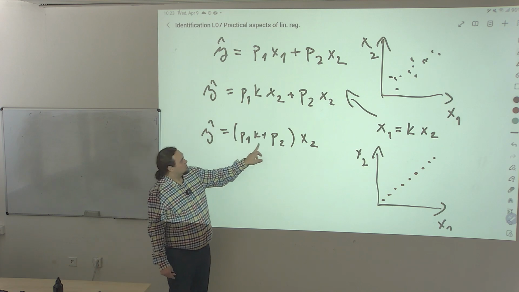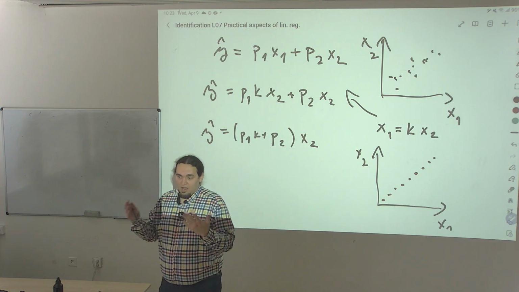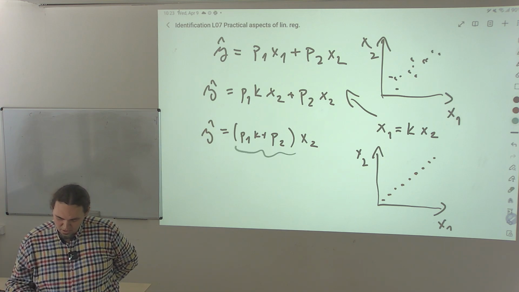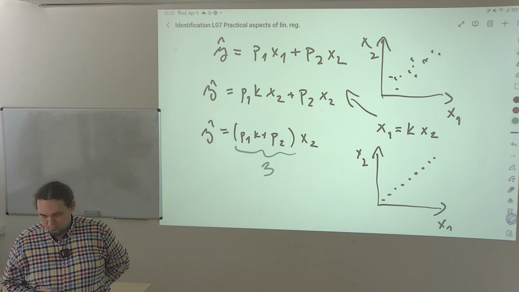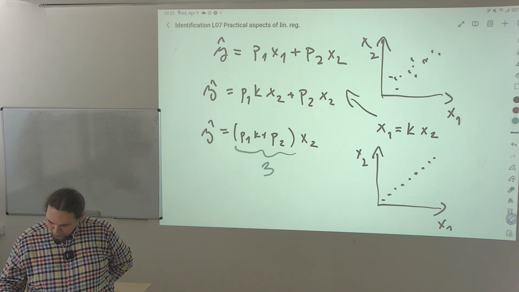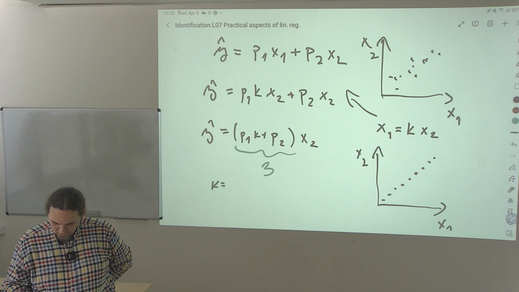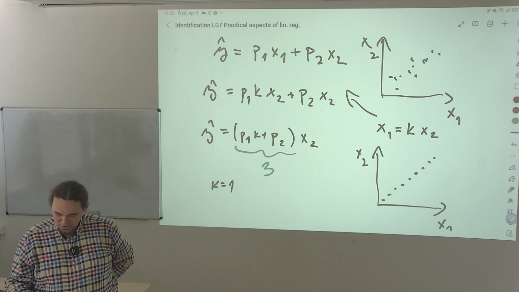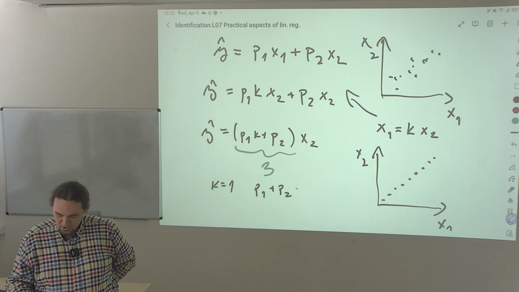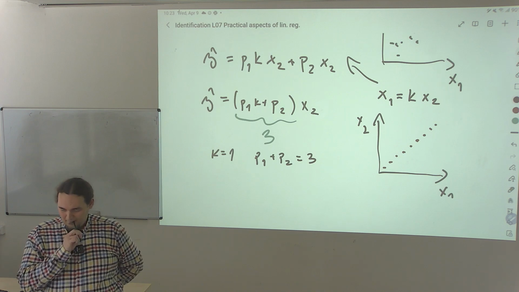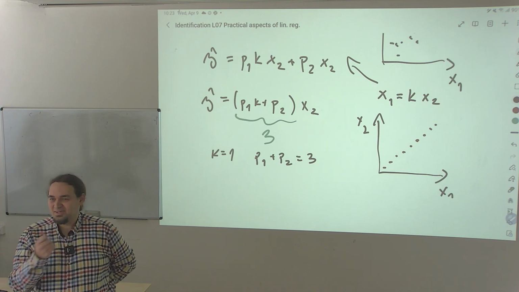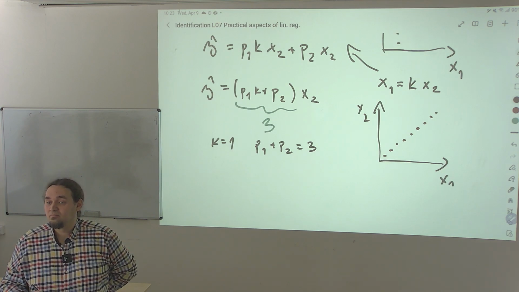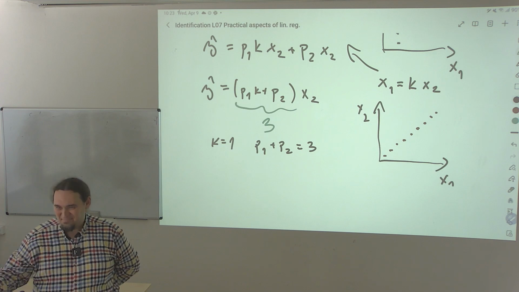The problem is that then this p1 and p2 can be completely arbitrary, because let's say in reality we should find that this is equal to 3. Let's say just for the example's sake that the k is equal to 1. So what are the combinations of p1 plus p2 being equal to 3? What numbers p1 and p2 can take such that they are equal to 3? All real numbers? Yes, just some example.